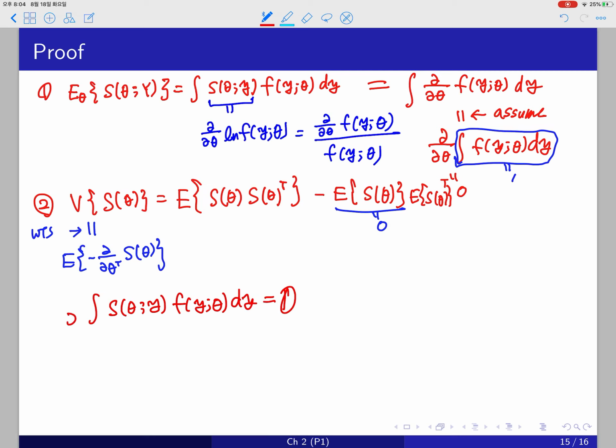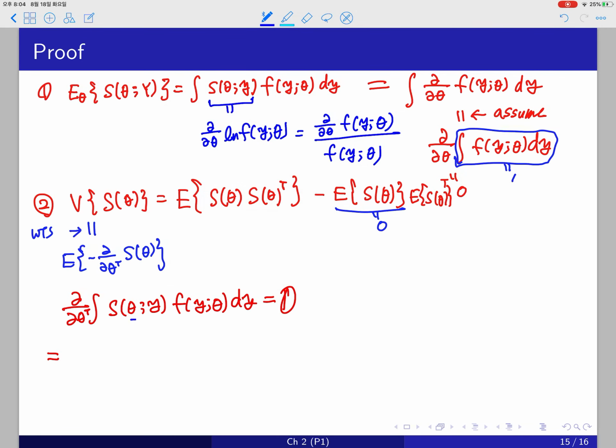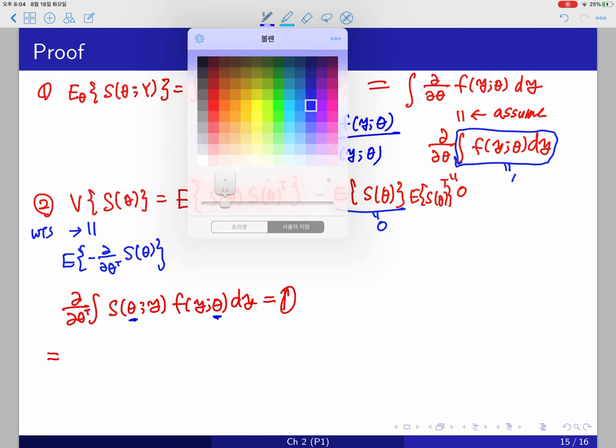So we can take the derivative, which is still 0 transpose, and this has theta here and here, so you can apply the chain rule.